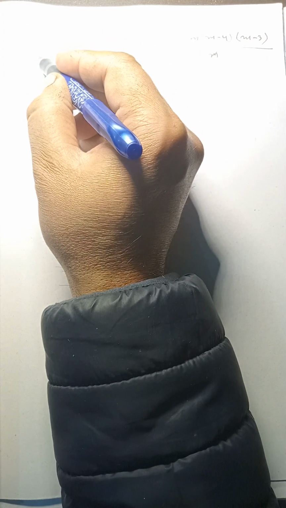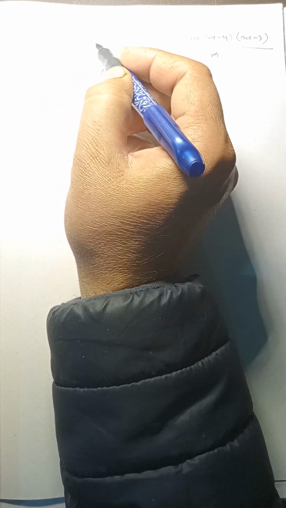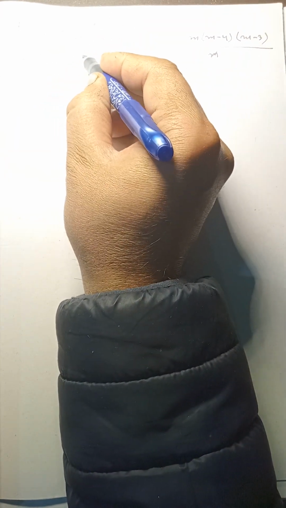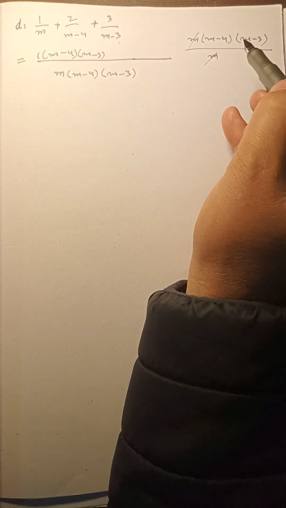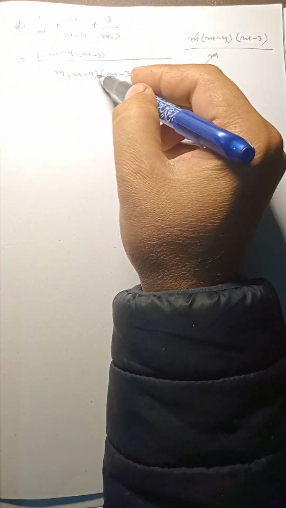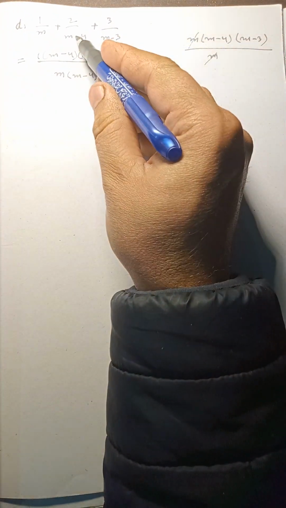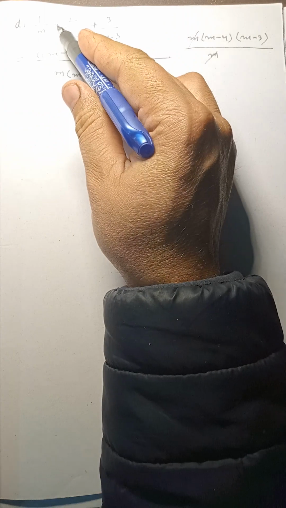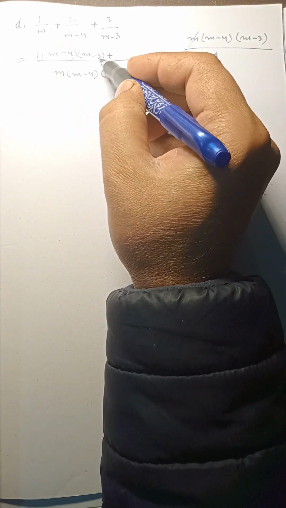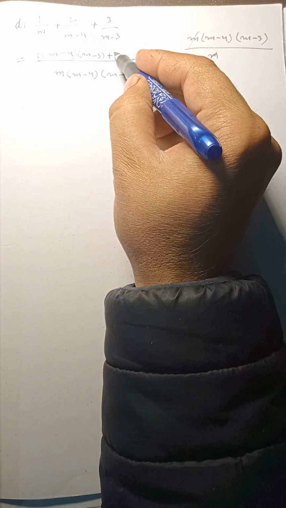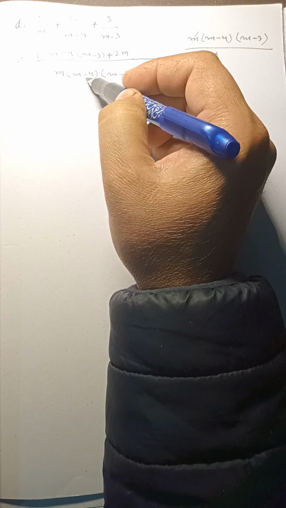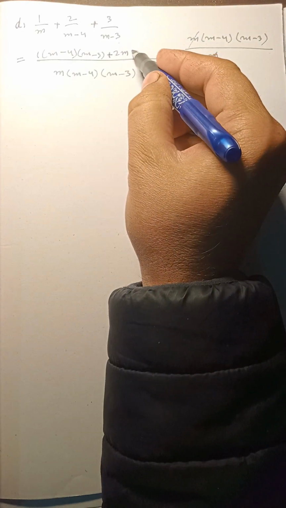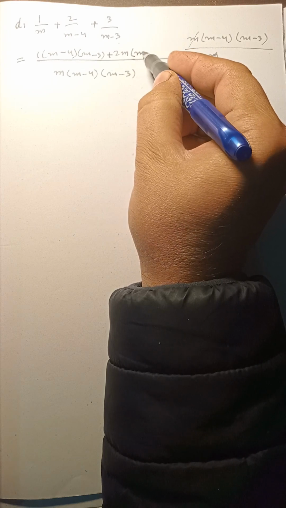We will write here 1 into m minus 4 and m minus 3. Now we will divide this whole LCM by this one. It will be cancelled. m and m minus 3 will be our answer. So we will write it here, plus m when multiplied by 2, it will become 2m, and because m minus 4 has been cancelled, m minus 3 will also be there, into m minus 3.